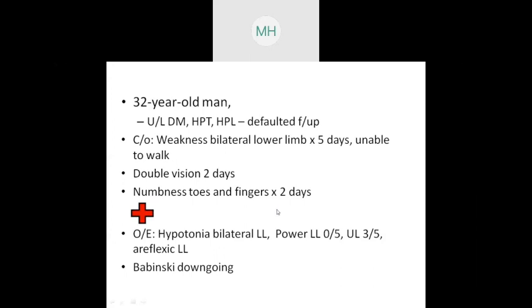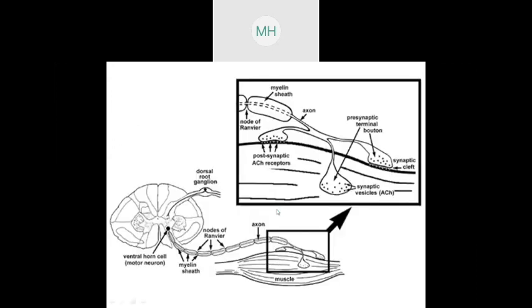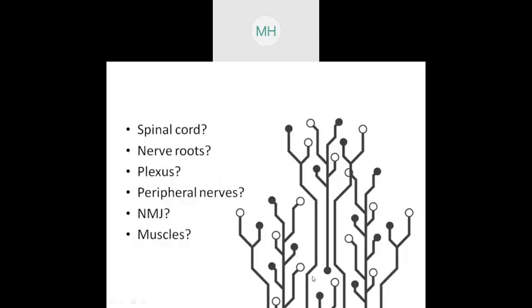So you have to look from the anterior horn cell down to the neuromuscular junction and muscle. Okay. So can it be spinal cord? Spinal cord, because it has some kind of level, since it is quadriplegia. Nerve root and plexus usually have pain, radiculopathy, and the plexus will involve multiple nerves.